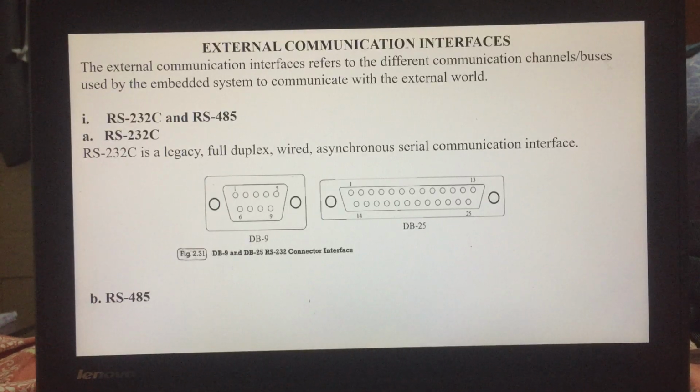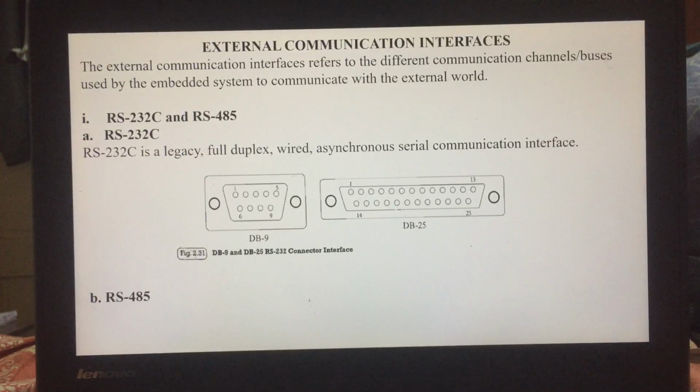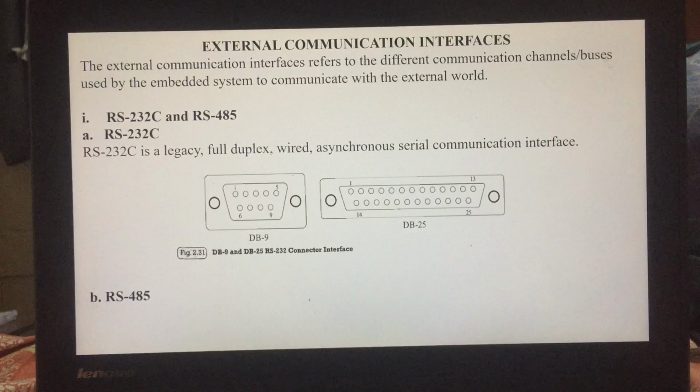As per the EIA standard, a logic 0 is represented with voltage between 3 and 25 volt and a logic 1 is represented with voltage between -3 and -25 volt. In EIA standard, logic 0 is known as space and logic 1 is known as mark.